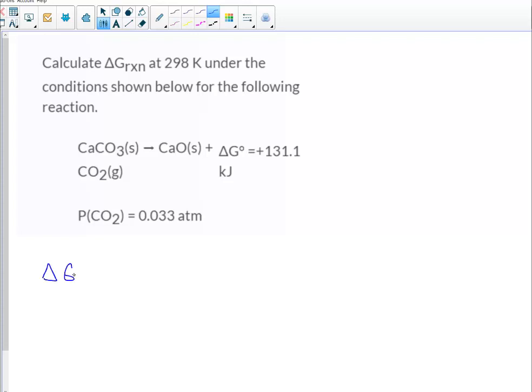Our formula for the delta G of a reaction at conditions other than 1 atmosphere for gases, 1 molar for concentration, and 298 Kelvin, which are all standard states: we take the delta G of the reaction in standard conditions and we add on a corrective RT ln Q. So Q is given in pressure, and you remember that we only include gaseous reactants and products for pressure.